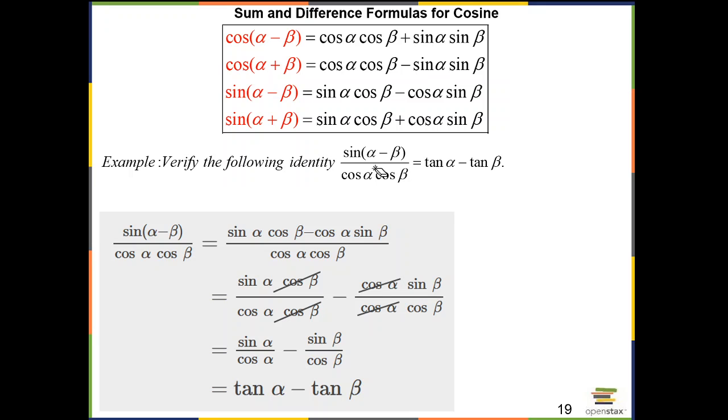So that means the left side and the right side may have two different domains. But for this equality to be true, the domain would be the intersection of the domains of the left side and the right side. We are not talking about that here, but you have to take that into account when you do this.